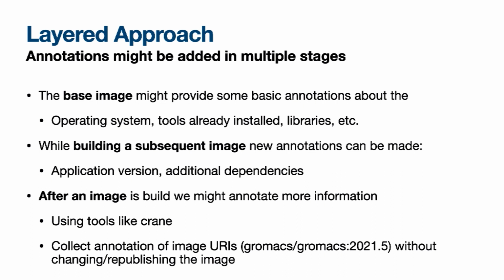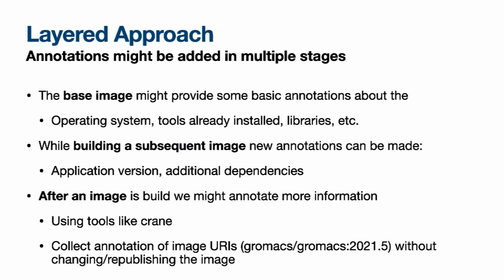How do we annotate? As I said, if the base image has labels or annotations already in there, these will be carried over to subsequent images. So the base image should be annotated first and foremost. The operating system or tools already installed could all be in the base image. If someone builds a new image, then application versions and dependencies can also be annotated within the subsequent build.